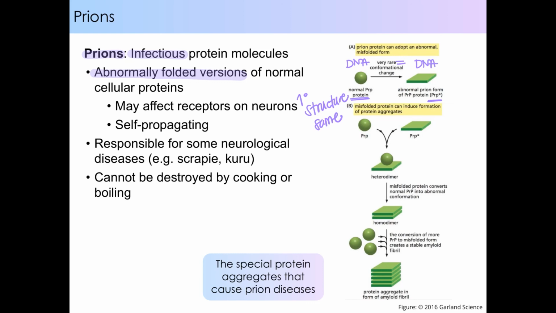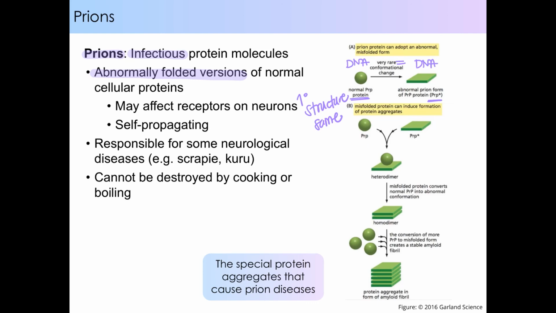Now, it's not clear what causes the initial misfolding event, but it's possible that it's related to an age-induced decline in the mechanisms that are present in cells to ensure that proteins fold properly. So a decline in the quality control mechanisms of the cell. And that's supported by the fact that in cows, there are some types of bovine spongiform encephalopathy, or mad cow, that arise spontaneously in older cows.